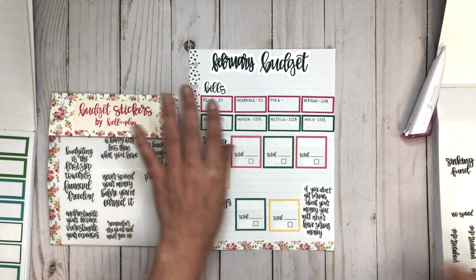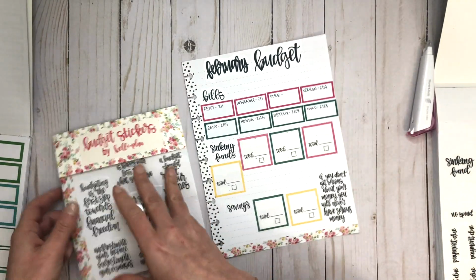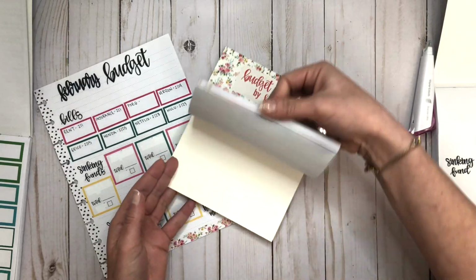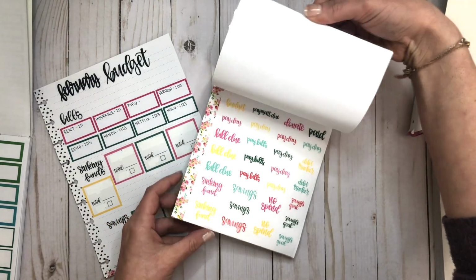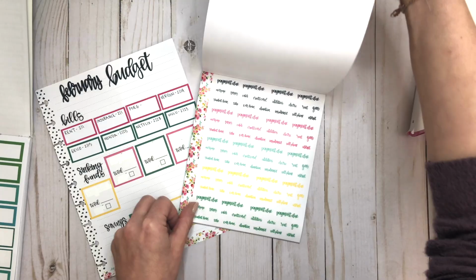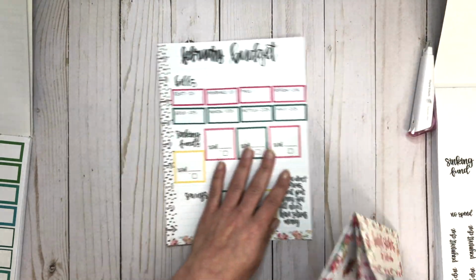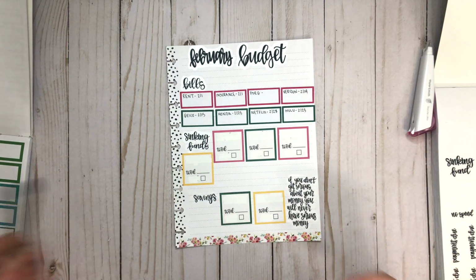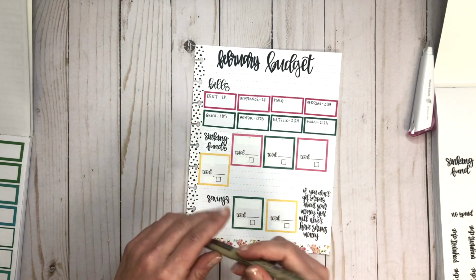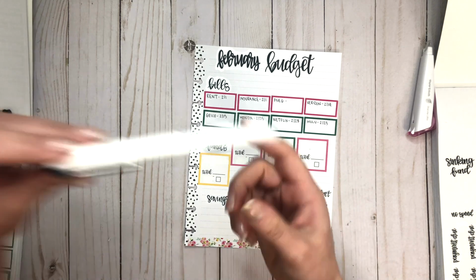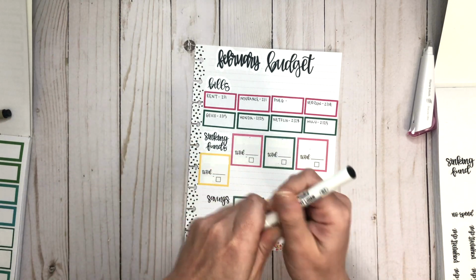Okay, then let me look back in here for a moment. Okay, I was seeing if there was a paid sticker or something, but there isn't. So I'm going to grab, these are Premier pigment liners.